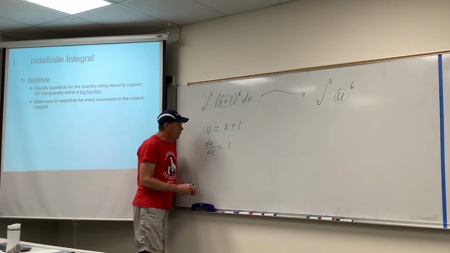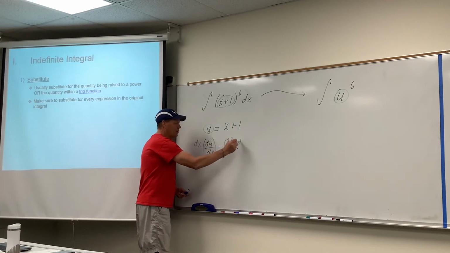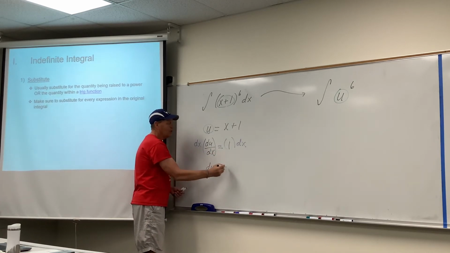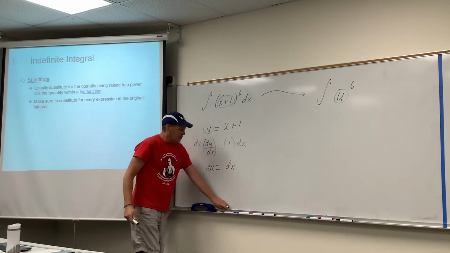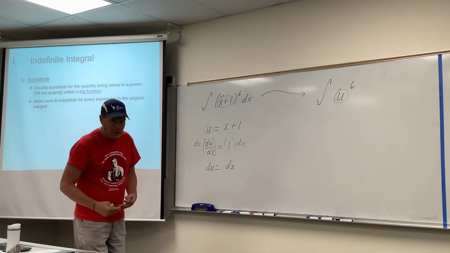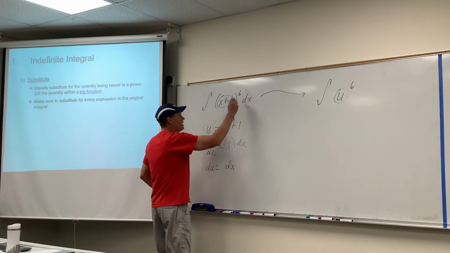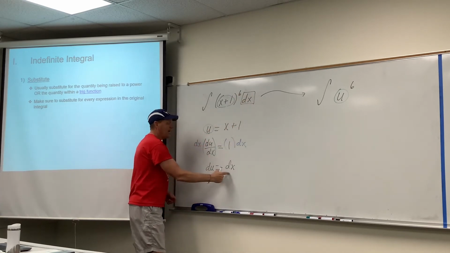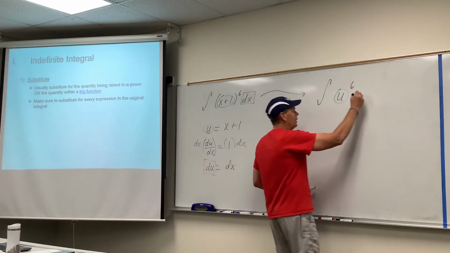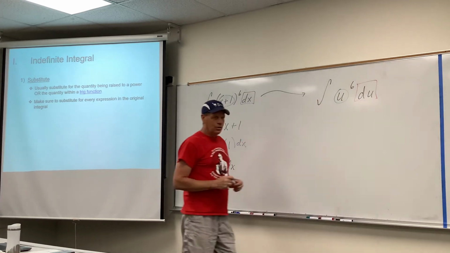Now, in this case, if we, so to speak, clear the fraction, what we'll notice is that du turns out to equal basically dx. And so the nice thing, and this is an easy one, they're going to get more challenging as we go on. I started with a simple one, and we'll build from here. But you'll notice that the dx that's in the original is exactly equal to du. And so in this new integral over here, that dx can then be replaced with du.